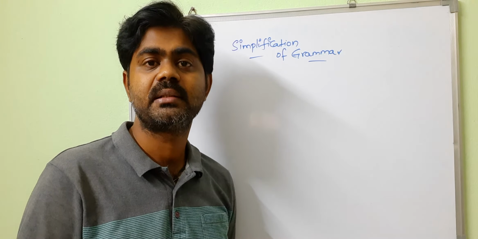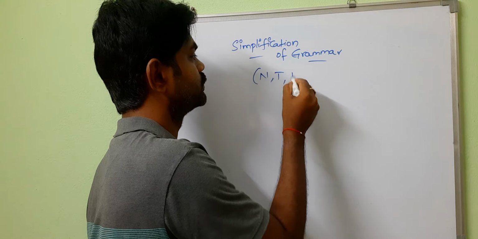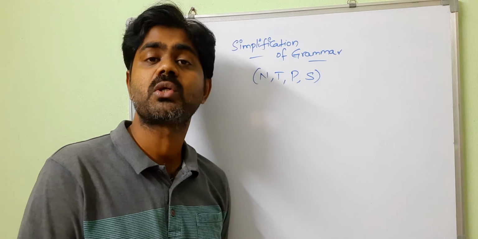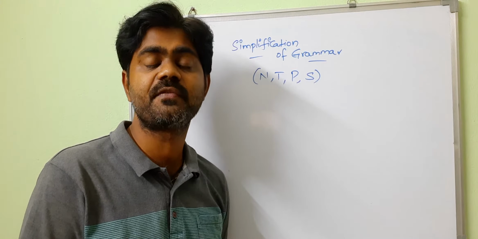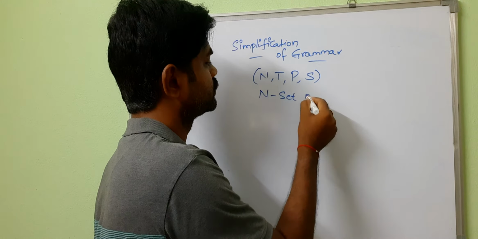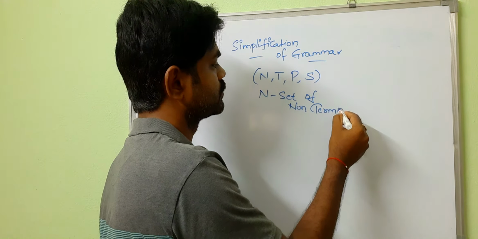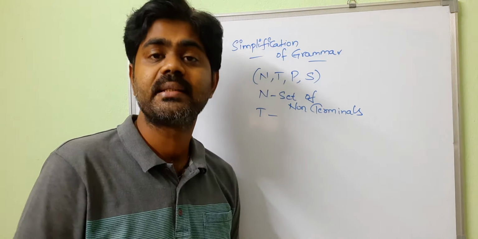So grammar is N, T, P, S, or we can also call it V, T, P, S. Here capital N is the set of non-terminals. So what are these non-terminals?